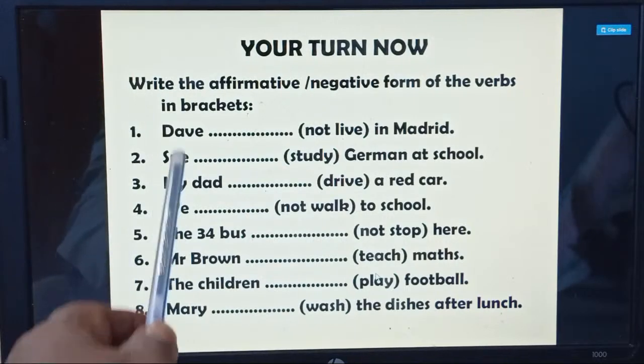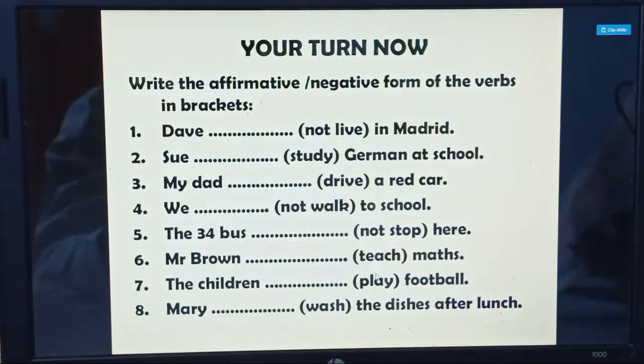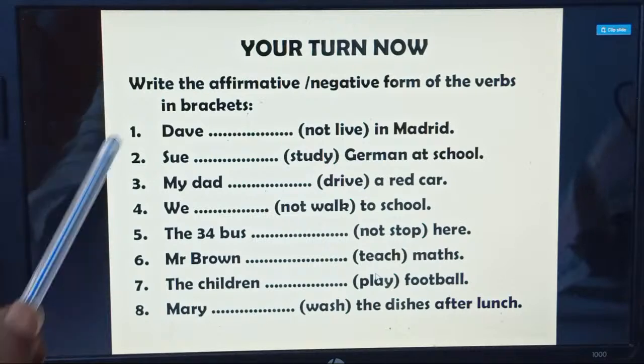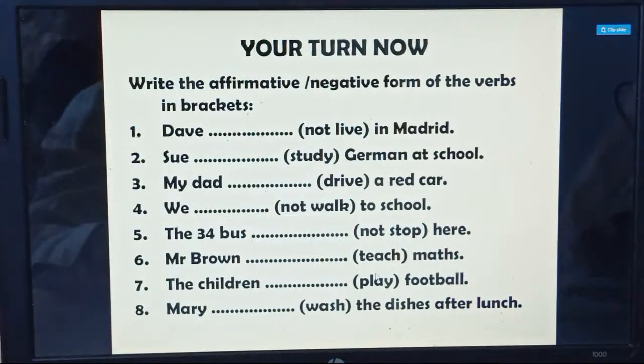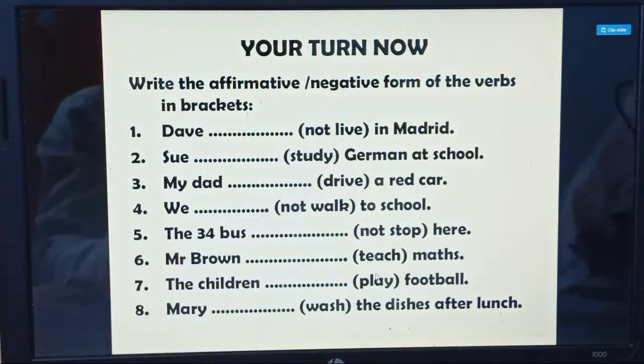You need to say Dave does not live in Madrid. Does not, because Dave is a single person. దేవ్ మ్యాడ్రిడ్లో ఉండడు, నివసించడు అని అర్థం. So Dave doesn't live in Madrid.